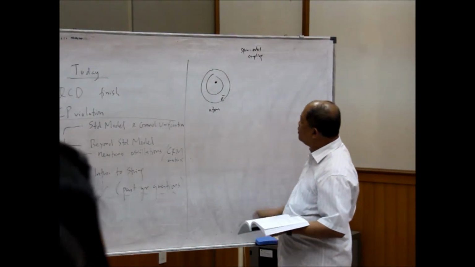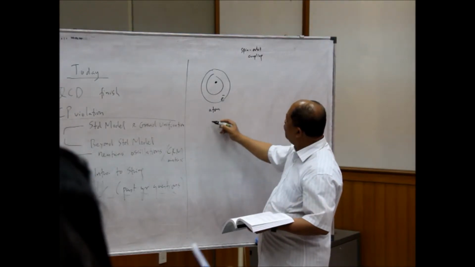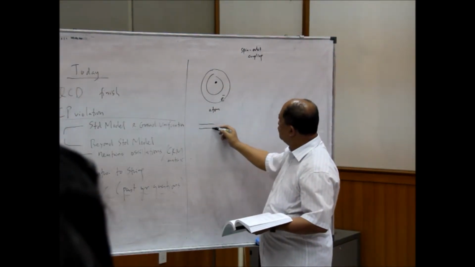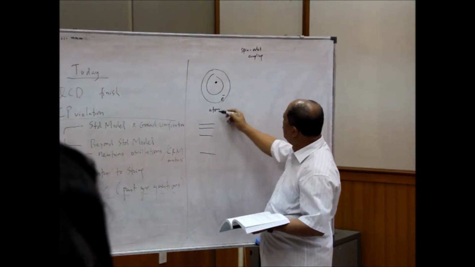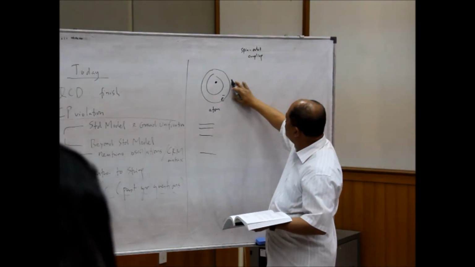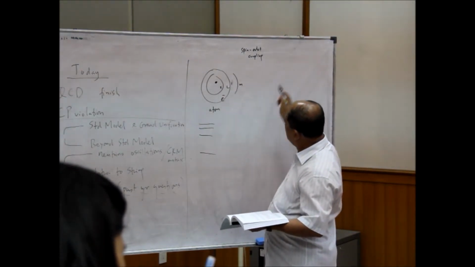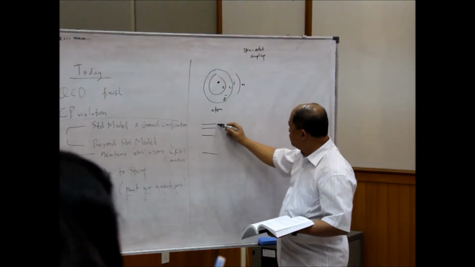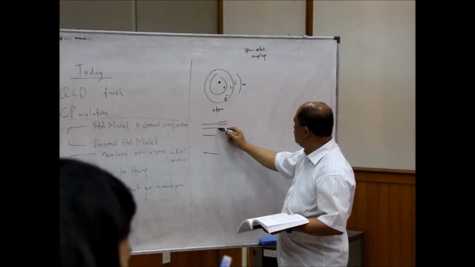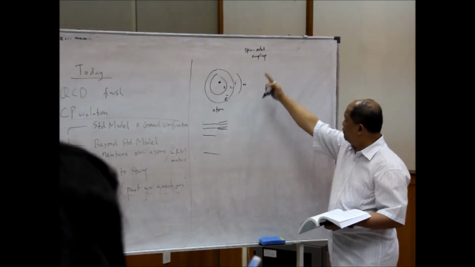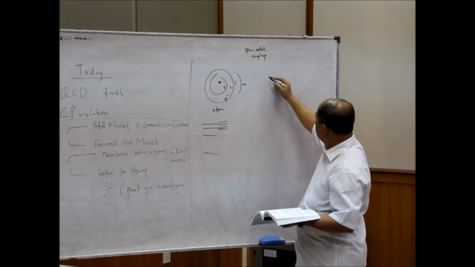So the level of each electron, in this K, L, M, and so on, will split into smaller levels if you have a spin-orbit coupling.